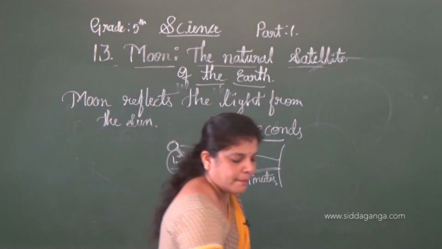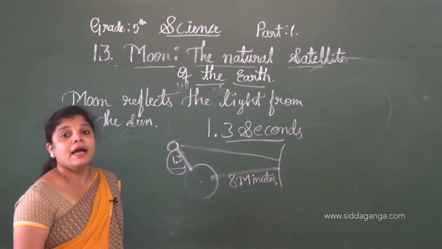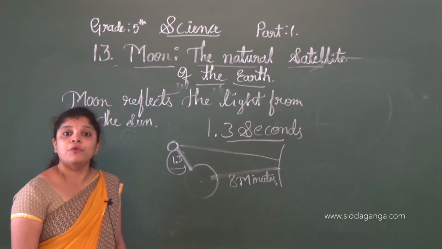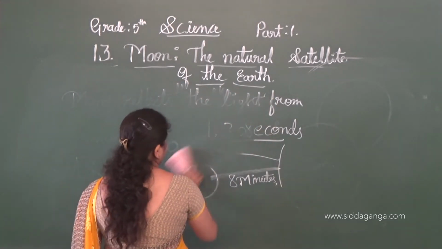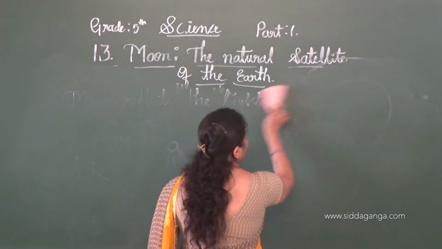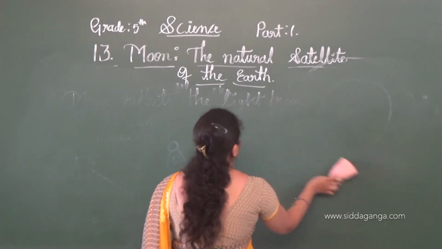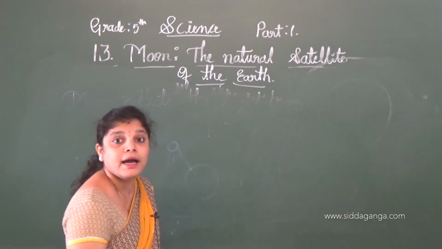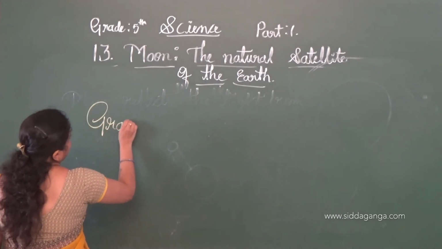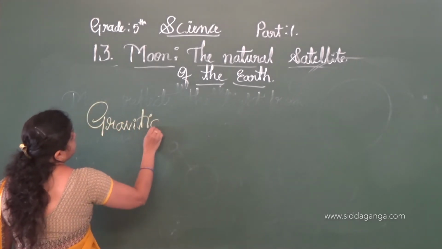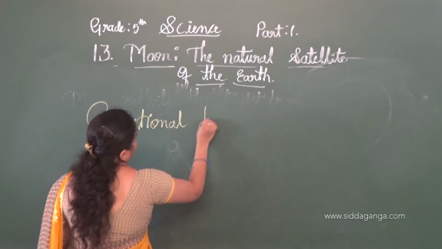And next we are going to learn about the gravitation of the moon. So moon na gravitation ಬಗ್ಗೆ ನೋಡೋಣ. See, moon has its own gravitation. So mooniಗೆ ತನ್ನದೇ ಆದಂತಹ gravitational force ಇದೆ. Moon has its own gravitational force.